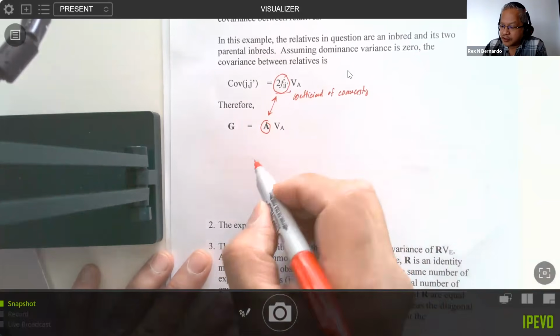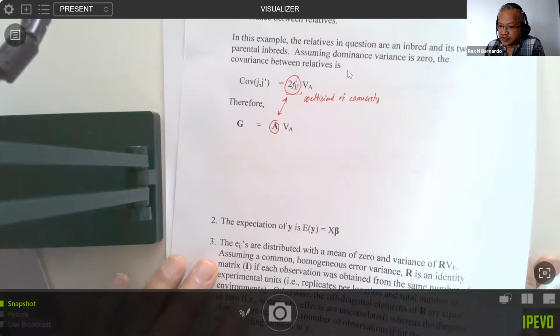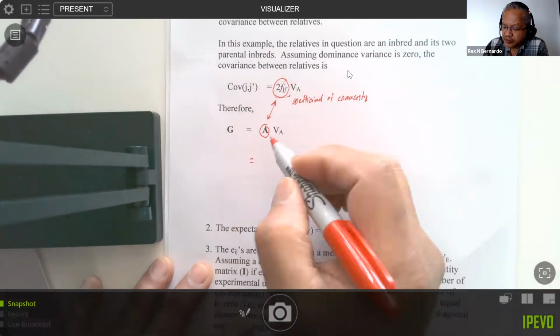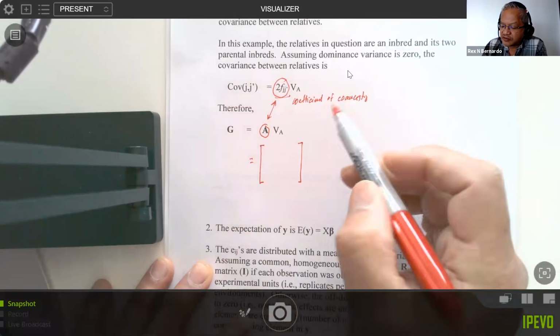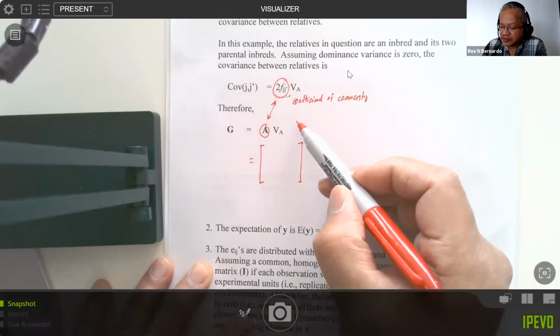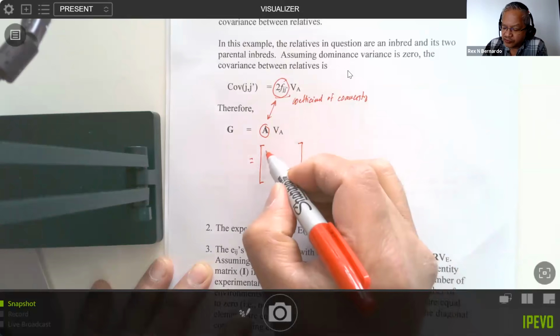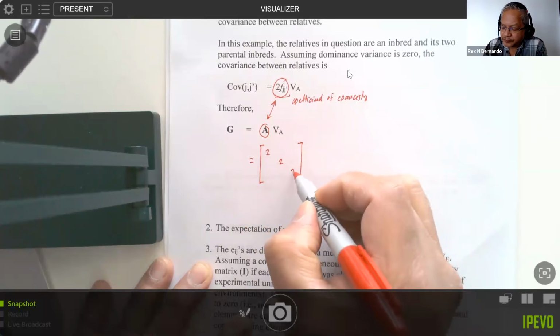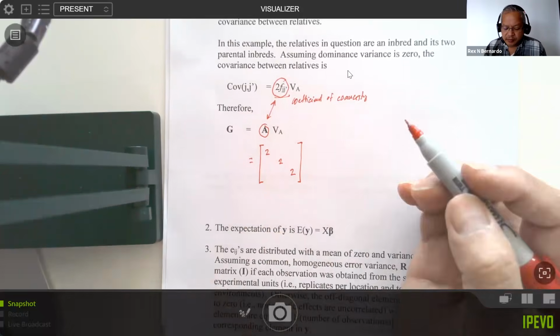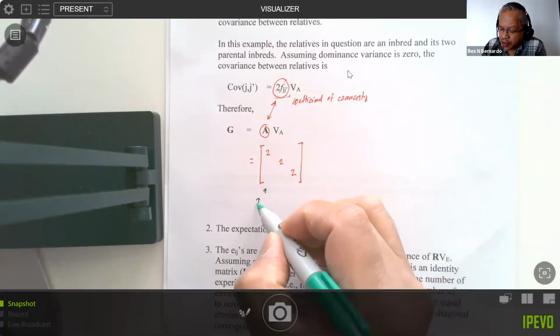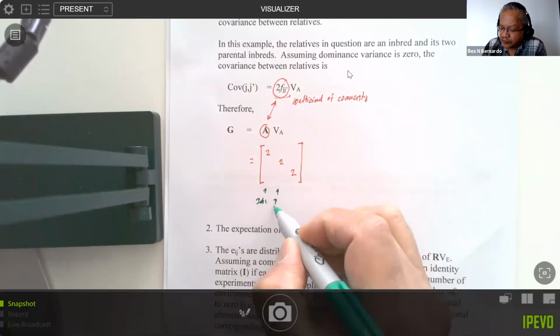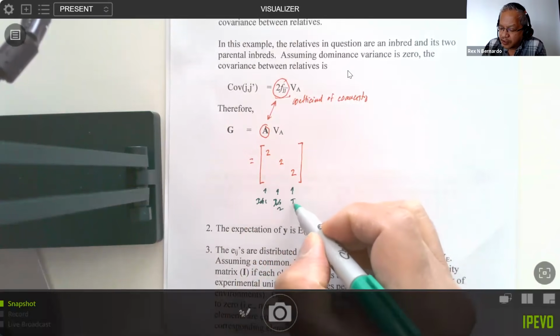So the G matrix in this case, we have 3 inbred lines, so we need a 3x3 matrix. The coefficient of coancestry of an inbred line with itself is equal to 1, and we need to multiply that by 2, so we have 2 in the diagonals. Before I write that down, what we're saying is that the first row and first column are for inbred 1, the second for inbred 2, and the third for inbred 3.